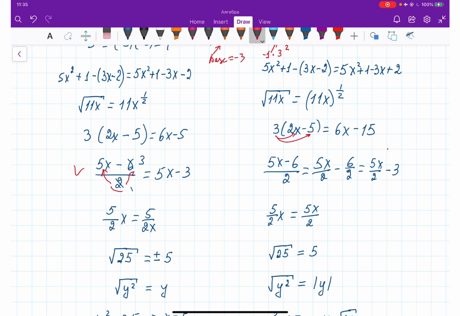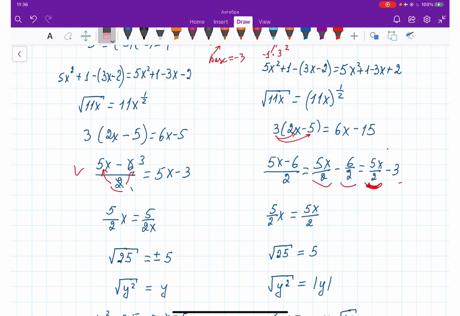If you want to cancel 6 and 2, first we separate 5x over 2 minus 6 over 2, and we get 5 over 2x minus 3. Look how different it is. Here, this 2 is the denominator for 5x. Here, all of a sudden, the denominator disappeared. So be very careful.